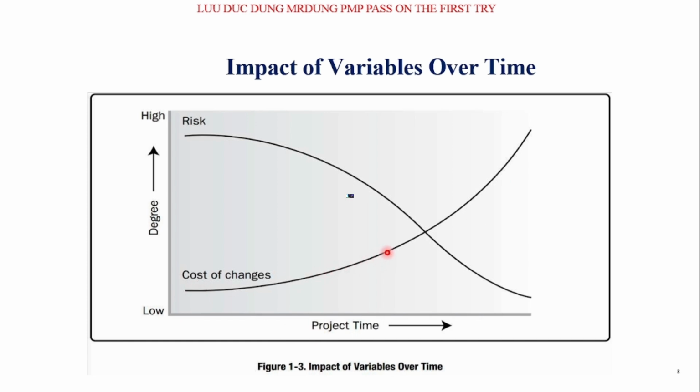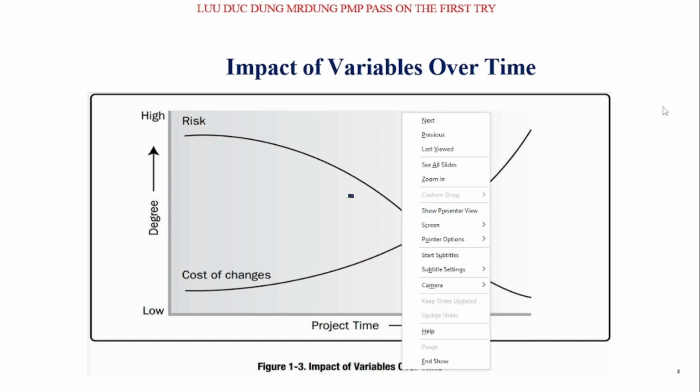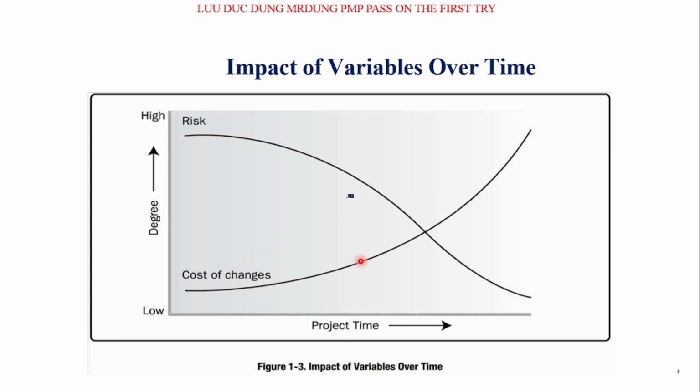But later on, if the project has been running for 4 months, 3 months, 1 year, then if at that time we change something, the cost is very high because we already developed many things. If we change, the vendor will charge very high, very expensive. The project is already done, so the project manager has to manage the change also.